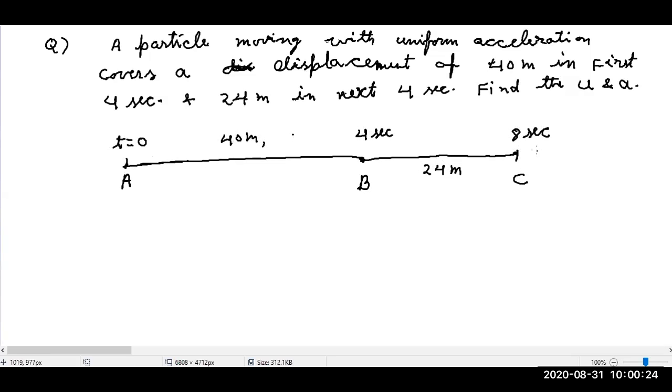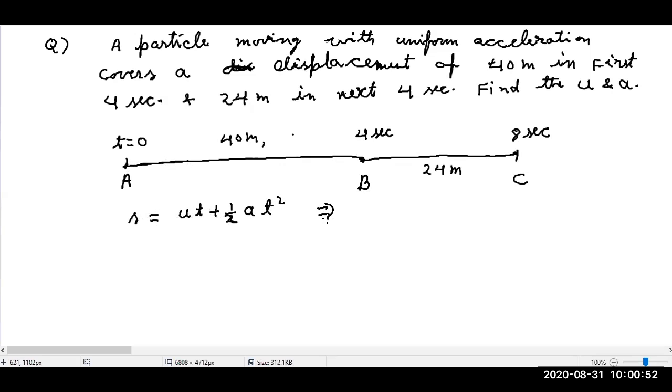So how to solve this question? We are provided S for two paths and we are provided the time. Suppose we write the first formula, S equals ut plus half at square. A is not given, but we know it is constant acceleration, so we can use this formula.